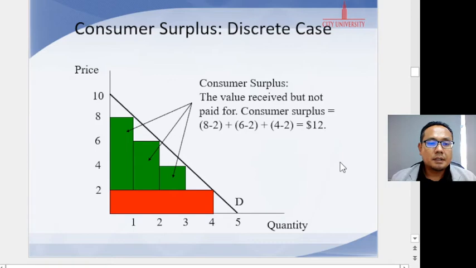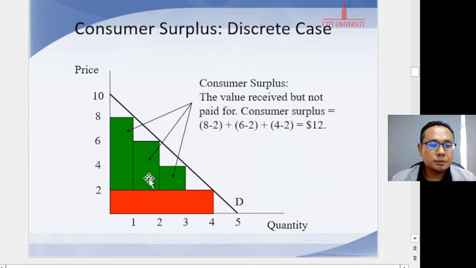From this example, you can see the consumer surplus in this case: the value received but not paid for.